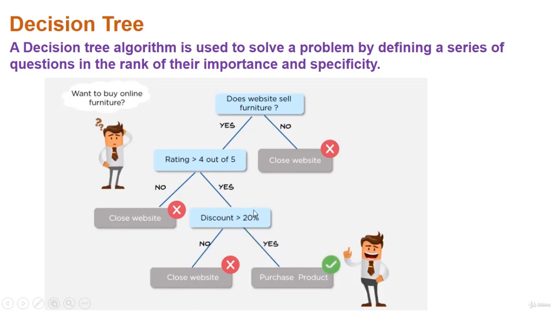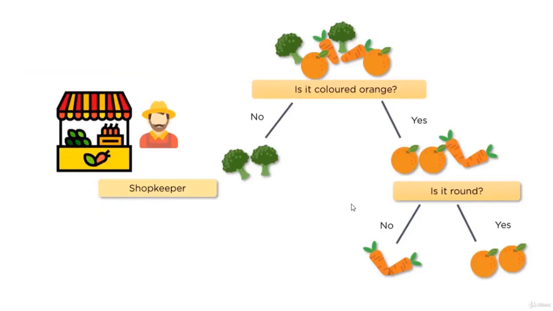If they are giving a discount of greater than 20, then you can go and purchase your product. If not, then you will not purchase your product from this website. That is basically what a decision tree is. You define a series of questions from general to more specific in order to solve the problem you have at hand. Let us look at another example.